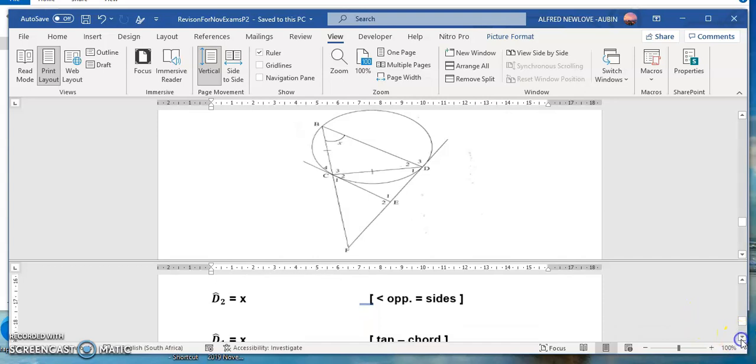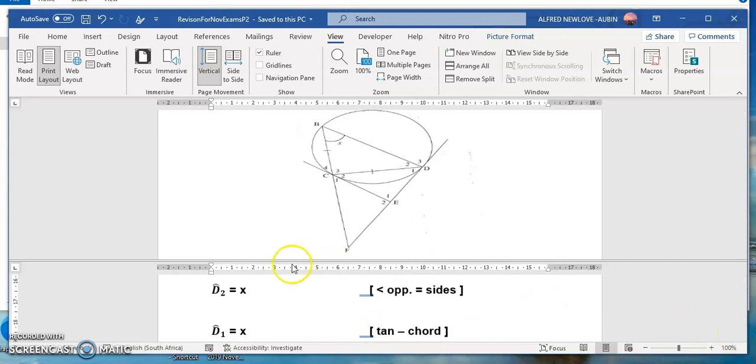Then we can continue to say that D1 is also equal to x. The reason is the tan chord theorem. If you check this, this is a triangle and this is a tangent, so this angle is equal to that angle, which is the tan chord theorem.